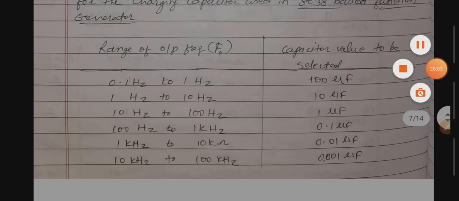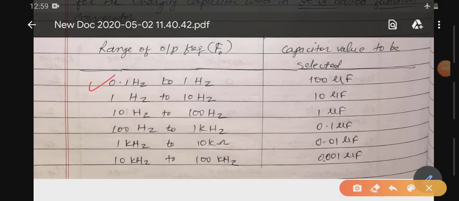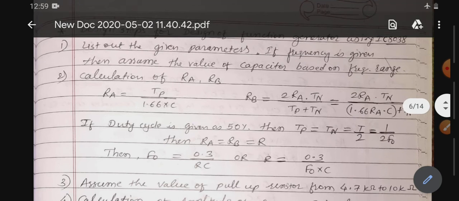Here you can see for 0.1 hertz to 1 hertz it is 100 microfarad. Suppose for 100 hertz to 1 kilohertz, you can select the value of capacitor 0.1 microfarad. If the frequency is 1 kilohertz, it is available in both ranges, so you can select both values of capacitor, 0.1 or 0.01. These are just guidelines for selection of external capacitors.